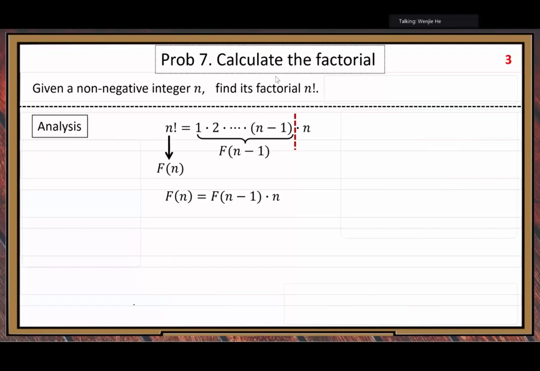But we need to do some extra work to connect them. So this multiplication, the f of n minus 1 result times another operand n, is the extra work we need to do to get the current solution, f of n.